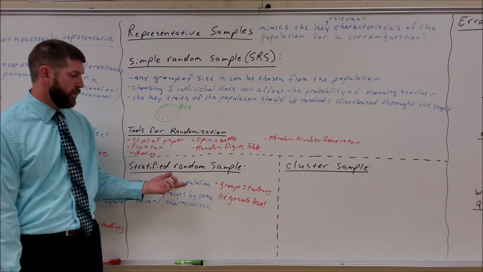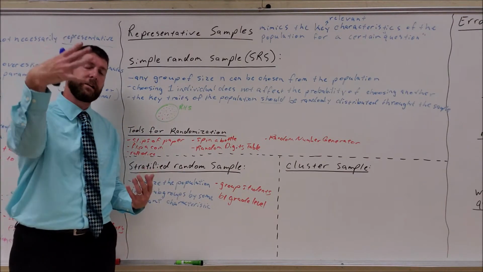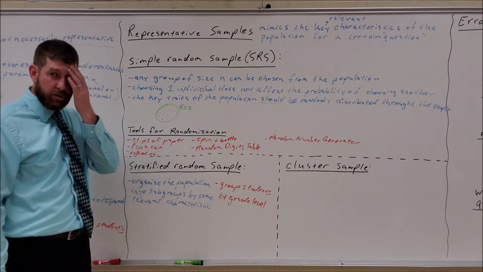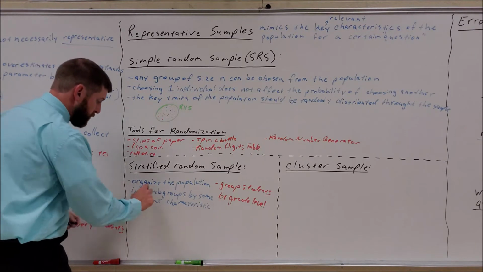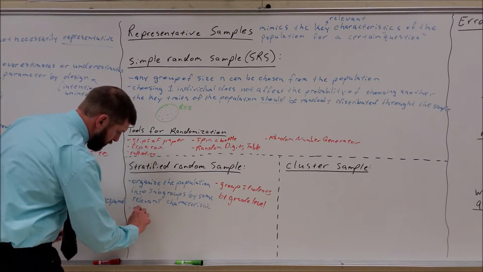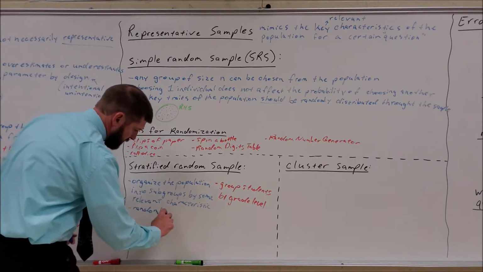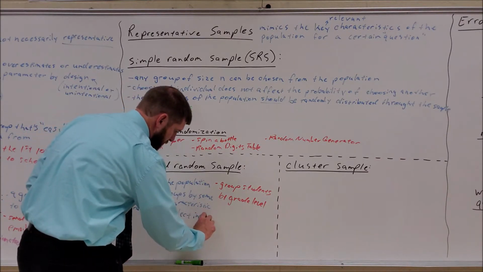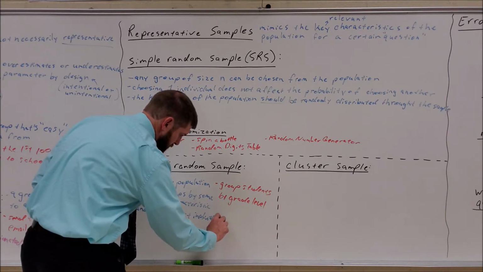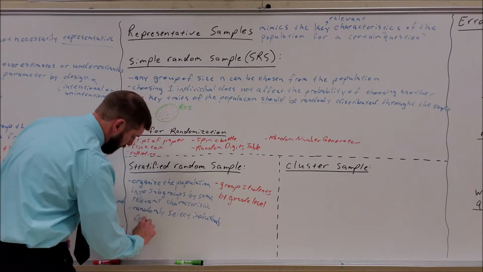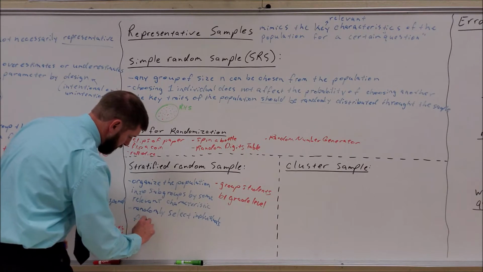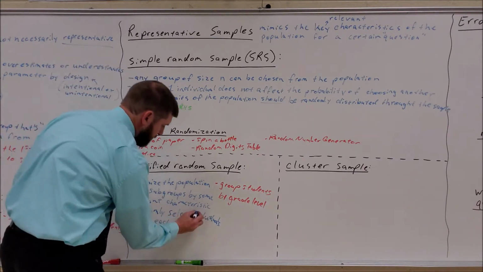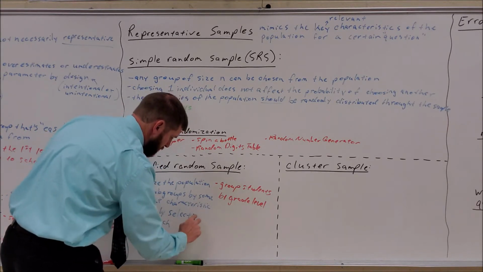No, the whole point of organizing was because we thought we needed a little bit of each of those groups. So once we've organized by subgroups, we want to randomly select, so there's our randomization, individuals from each subgroup. So randomly select, we'll say, a few individuals.